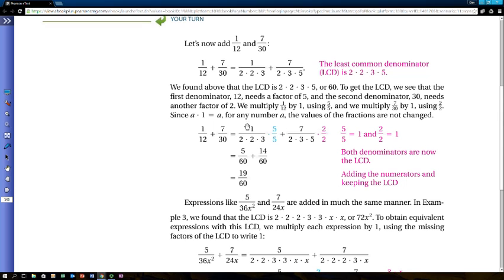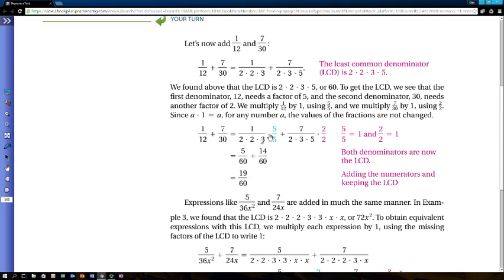Now, how do I change these 12ths into 60ths? Well, I look at what's in the denominator now, which is 12, or I like using my prime factorization. I say, hey, what part is missing out of the prime factorization that will multiply to be 60? Well, I got a 2, 2, and a 3 here. What's missing is a 5.